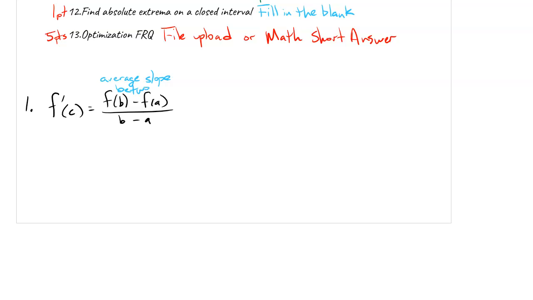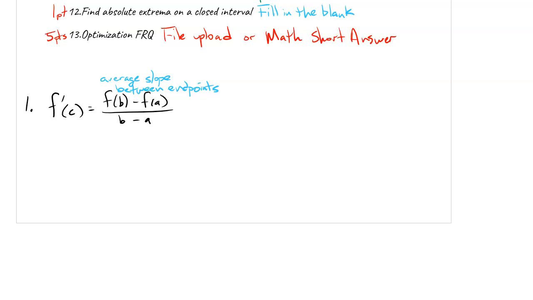It's the average slope between the endpoints that you're given. Do you remember what f prime of c stands for? Okay. How about just the prime? That little apostrophe. Okay, good.